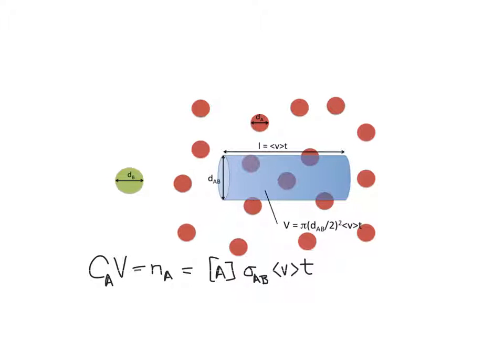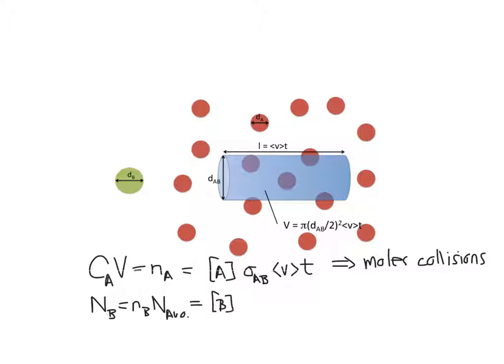Notice that the units we have here are in terms of moles of collisions that have occurred. The number of B molecules in my system is equal to the number of moles of B molecules times Avogadro's number. And the moles of B molecules in my system are equal to the concentration of B molecules in my system times the volume of my system.